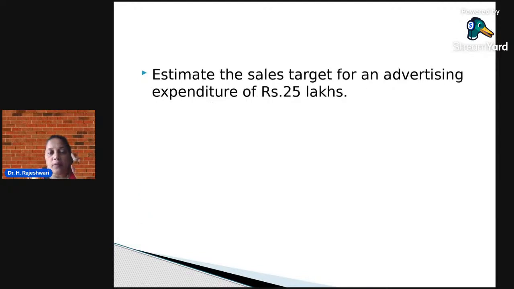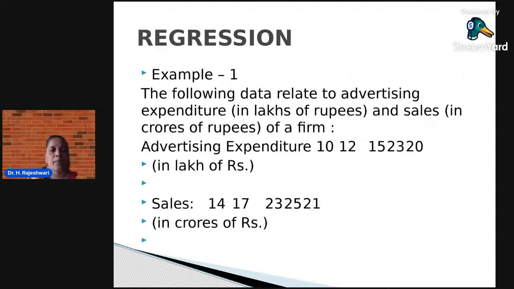And there is one more question here which cannot be asked in correlation, but can definitely be asked in regression: estimate the sales target for an advertising expenditure of 25 lakhs. If it is 25, what will be the y value? Yes, n equal to 5 here.